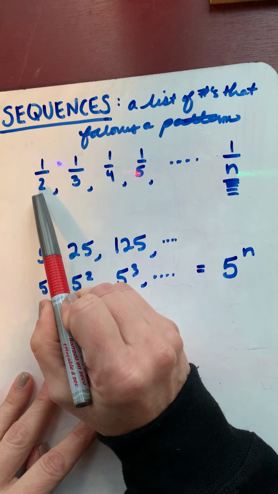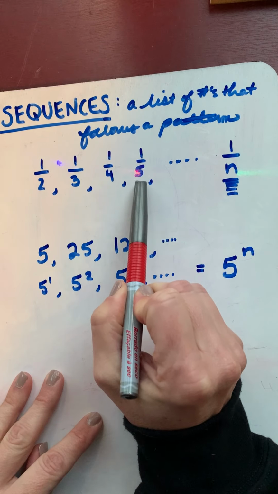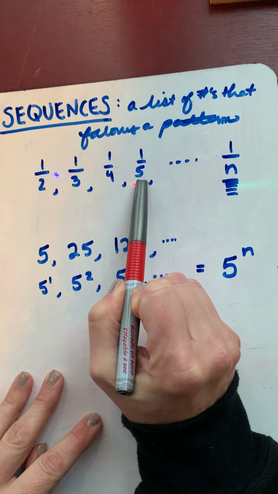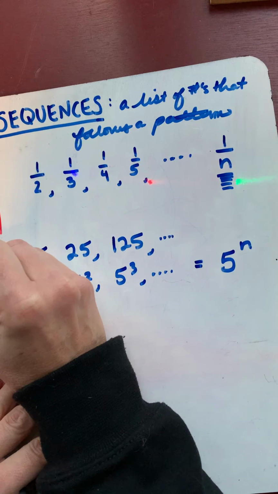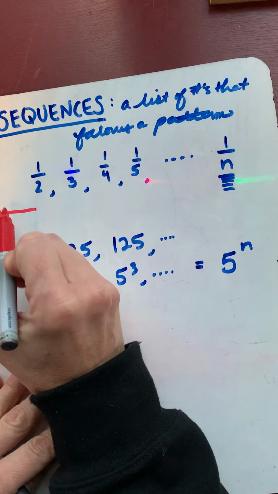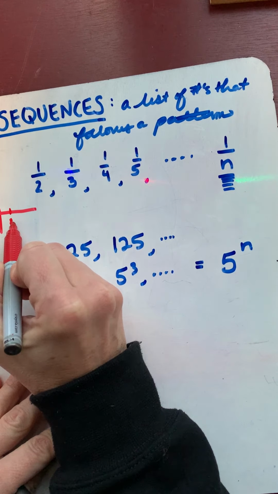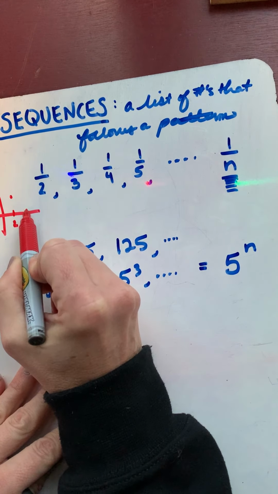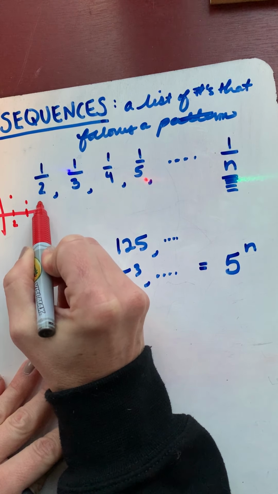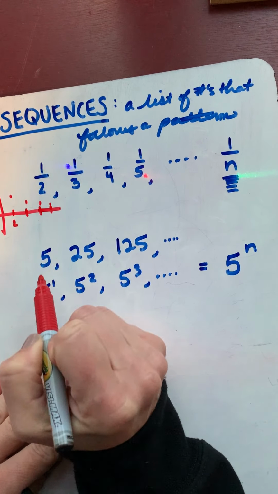So if we look at this sequence, 1/2, 1/3, 1/4, 1/5, what number am I getting closer and closer to? You can even think about this as a graph. Starting here with n is 2, we have 1/2; n is 3, we have 1/3; n is 4, we have 1/4; n is 5, we have 1/5.